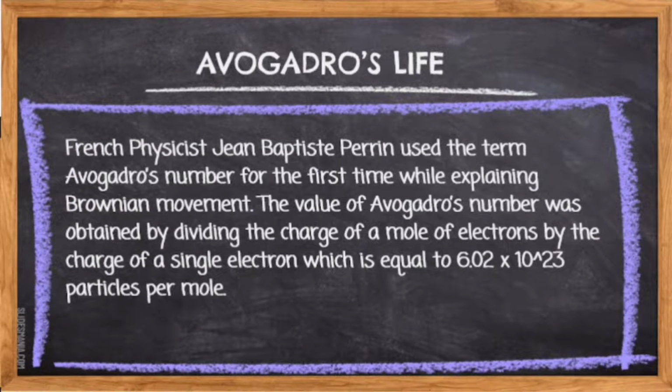French physicist Jean-Baptiste Perrin used the term Avogadro's number for the first time while explaining Brownian movement. The value of Avogadro's number was obtained by dividing the charge of a mole of electrons by the charge of a single electron, which is equal to 6.02 times 10 raised to 23 particles per mole.